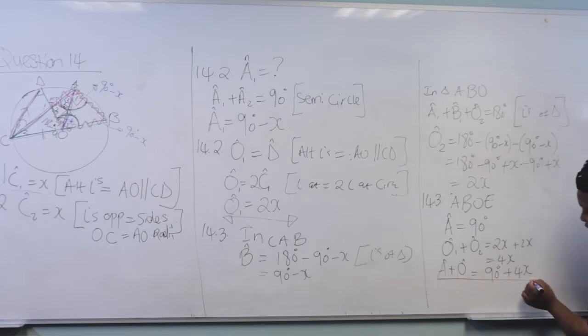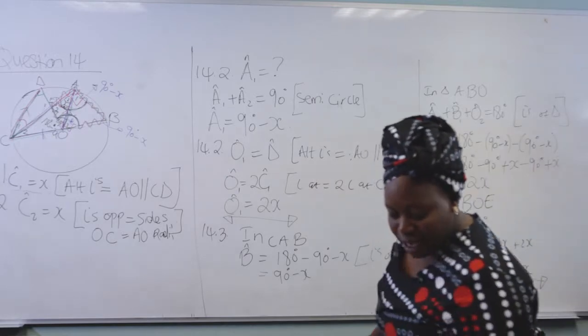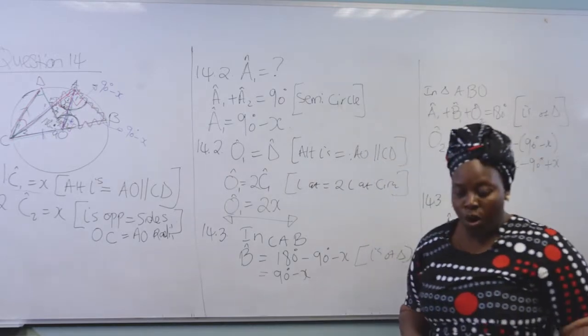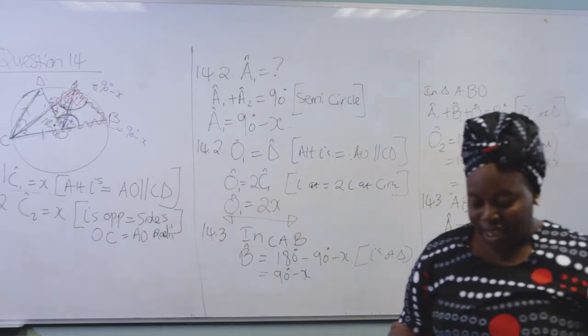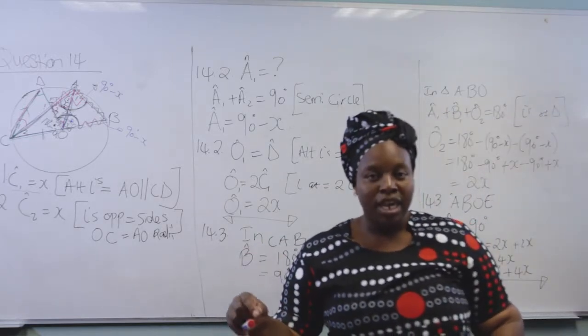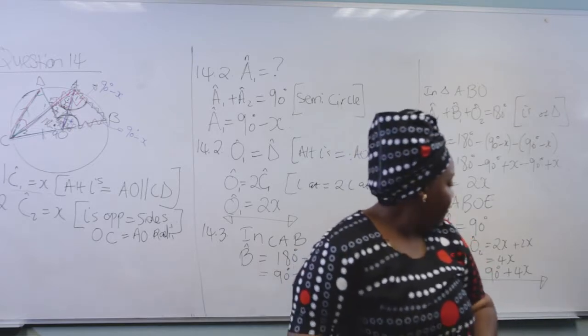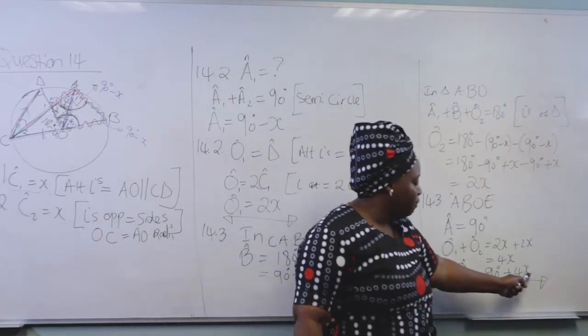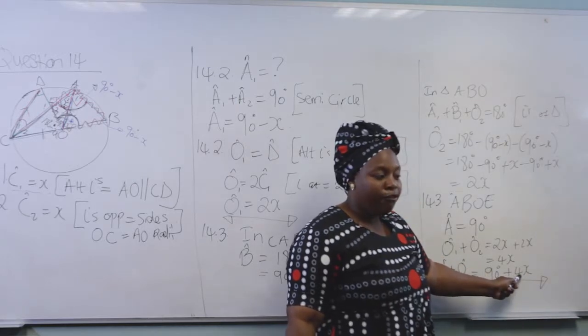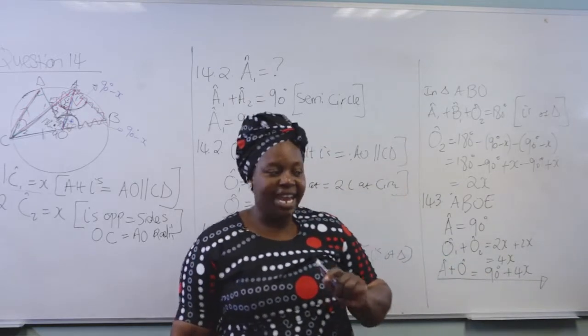Now, if you look at this statement, it is not giving us a cyclic quad, but they said for which value of x, like whatever value of x that you can put in, such that A, B, O, E is a cyclic quad. So after you have found this one, you need to figure out what value of x you can put there, multiply it by 4, and you will get a 90.